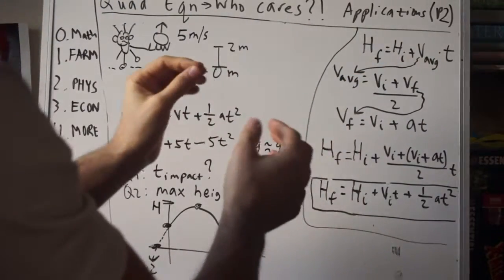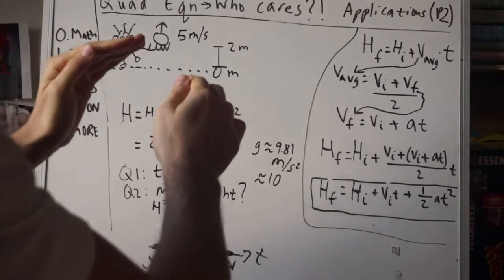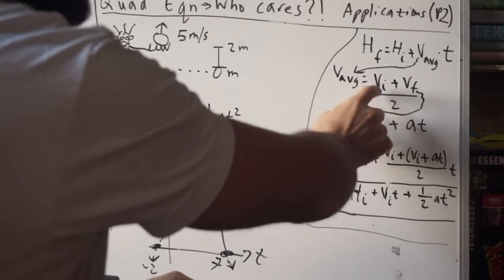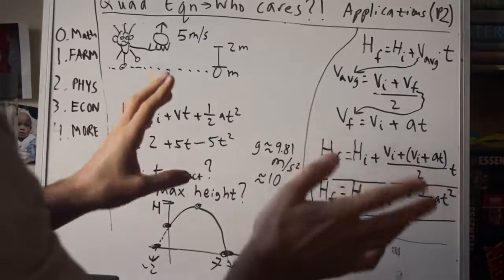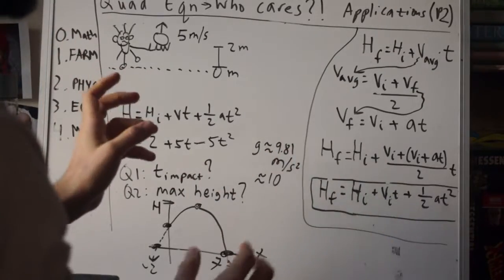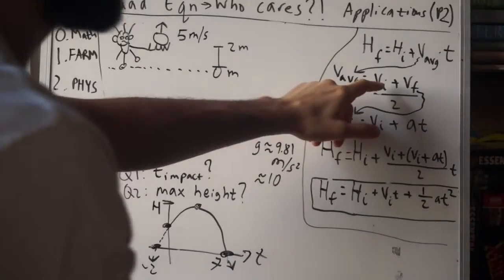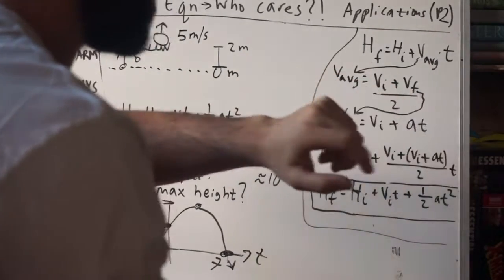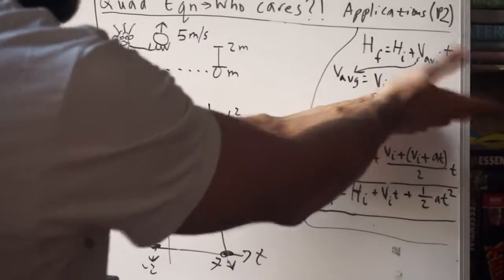Since it's not changing randomly, it's changing smoothly because there's a gradual acceleration on it, we just average the initial velocity and the final velocity. By the way, a lot of you might be wondering, what's the difference between speed and velocity? Speed is just a number, velocity includes the direction. So to get the average velocity, we average the initial velocity and the final velocity and divide by 2. This is just an average of these two.